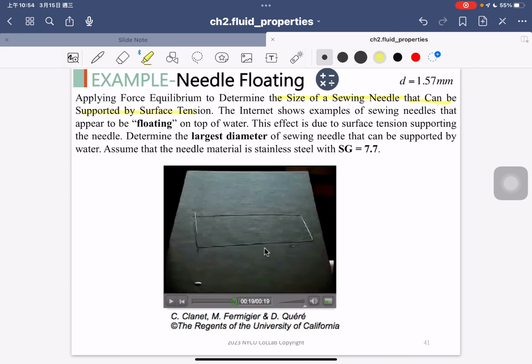So we should determine the largest diameter of the needle. Consider your needle material is stainless steel with the SG, if you remember, the specific gravity. It's a very helpful property to convert the water density to different material densities. Okay, so that's our problem.